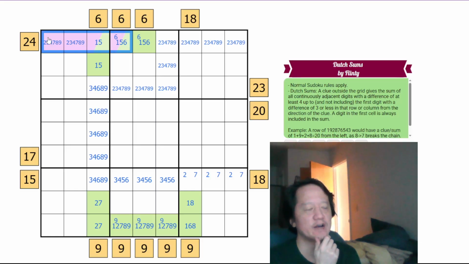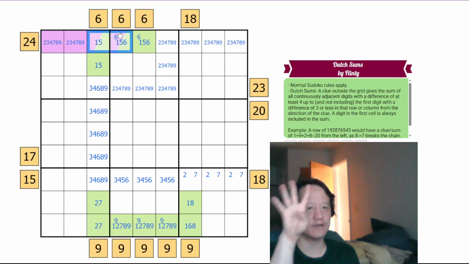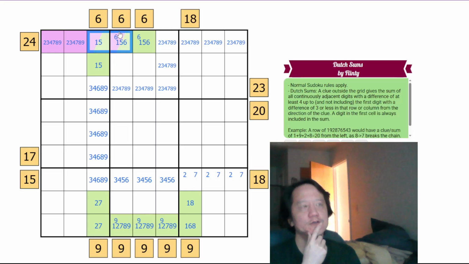So 1 and 5 would be 6. 24 minus 6, or even 1 and 6. Well, you could have, no, 5 and 6 does not work, because 5 and 6 are not 4 apart from each other. So it has to be 1 with one of them.